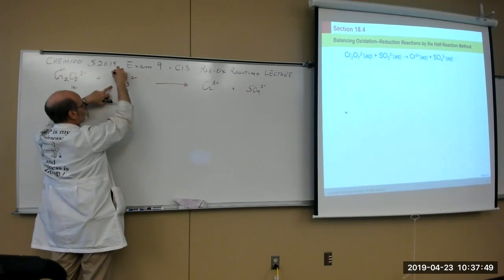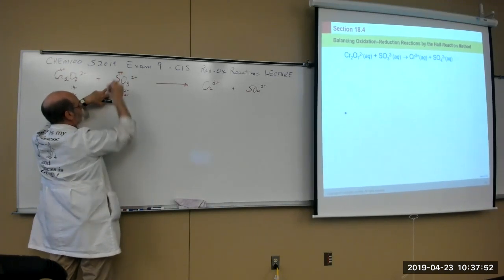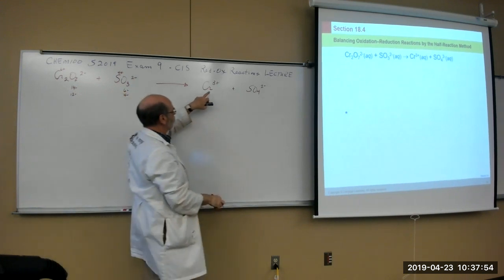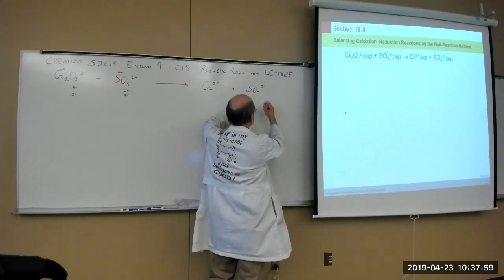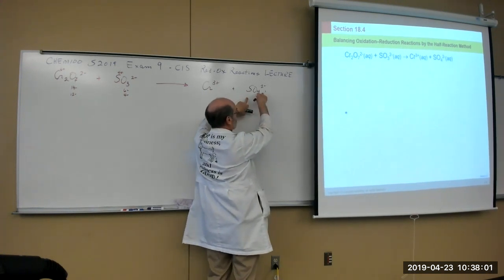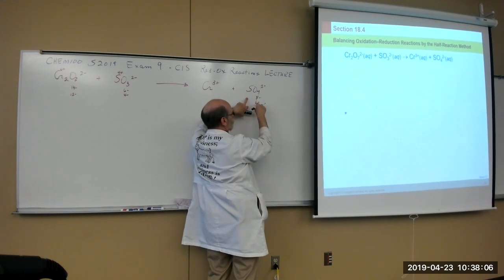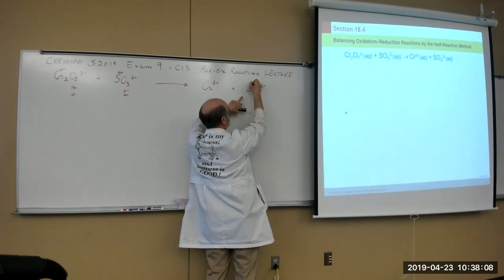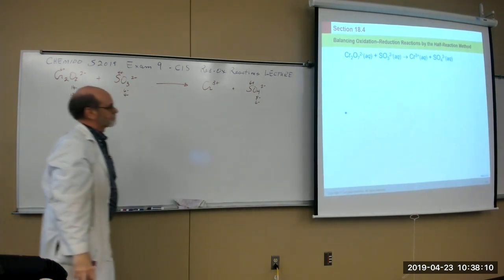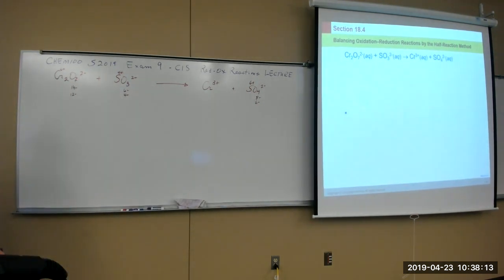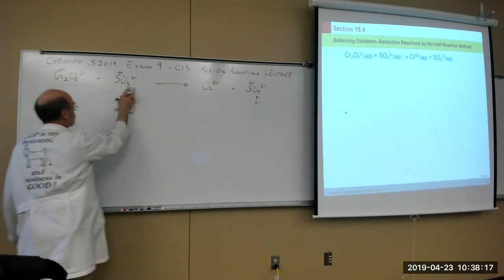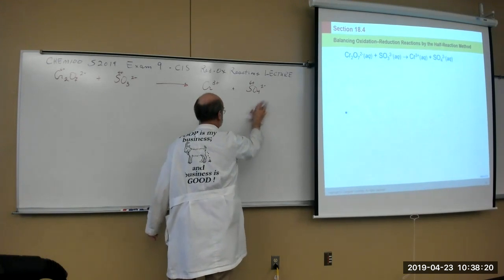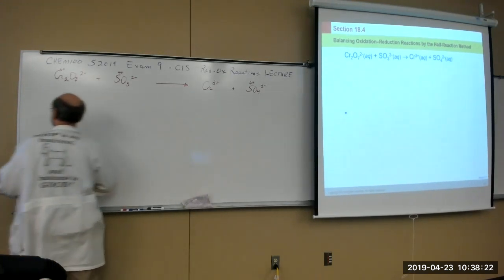That means this sulfur has to be 4 plus. This chromium is its charge. That's easy. This one is 8 minus to begin with from the oxygen, but we're going to hold out 2 minuses for the charge. That means this sulfur is 6 plus. Okay? Now that we know what our oxidation states are, we can set up our separate half reactions.